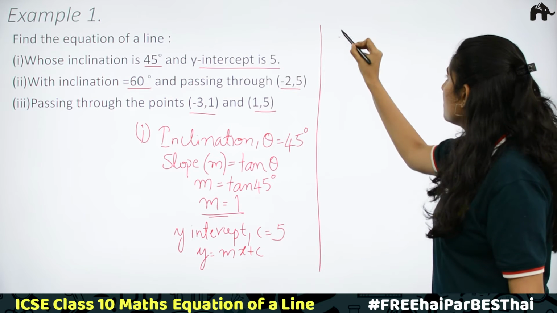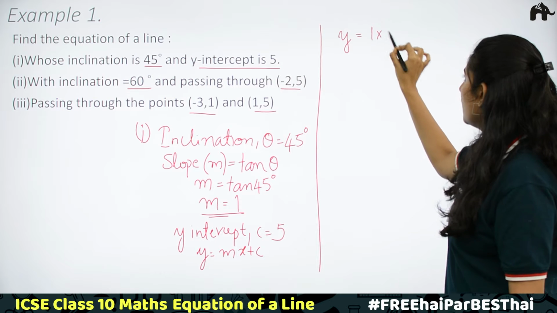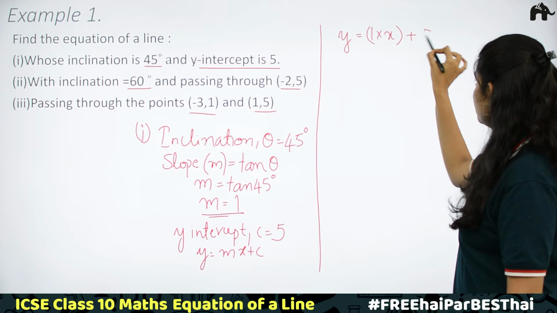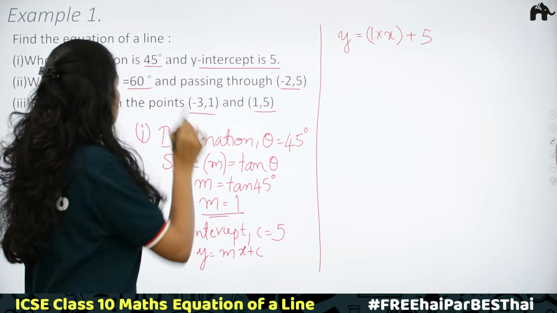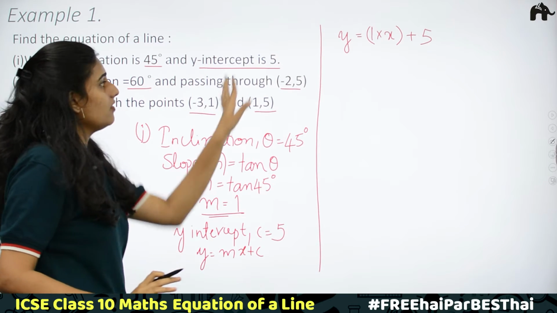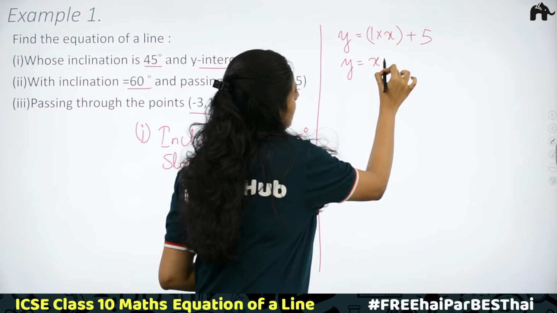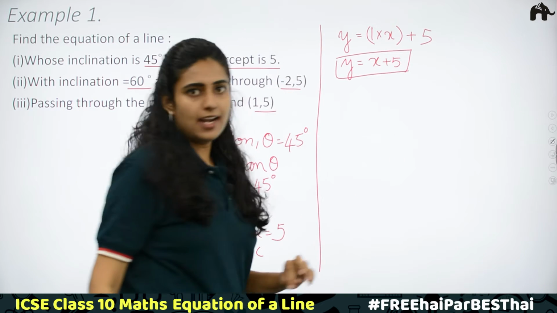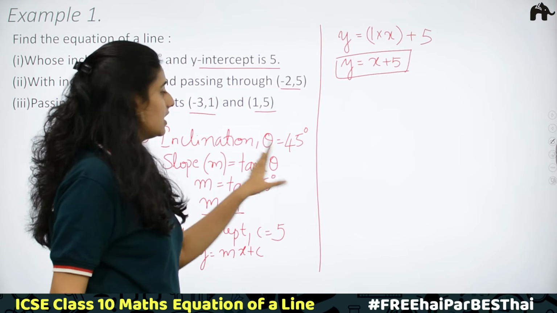Substituting, we get y is equal to 1 into x plus 5. Therefore, the equation of the line with slope 1, inclination 45 degree and y-intercept 5 is y is equal to x plus 5. So, this is the required equation of our line. Okay. Now, we have determined using the inclination theta and the y-intercept given.